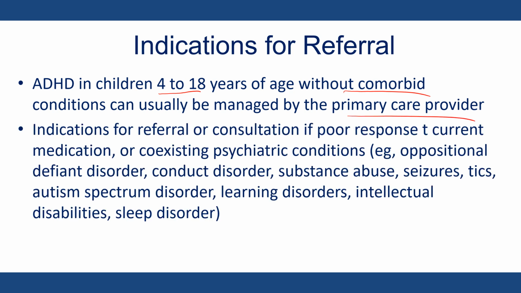However, if all of a sudden a child is not responding well to the treatment, or has a poor response, or has another coexisting psychiatric condition, maybe the child has ADHD along with ASD or something else, maybe substance use, seizures, tics, then I think that requires referral or consultation to mental health care professionals.